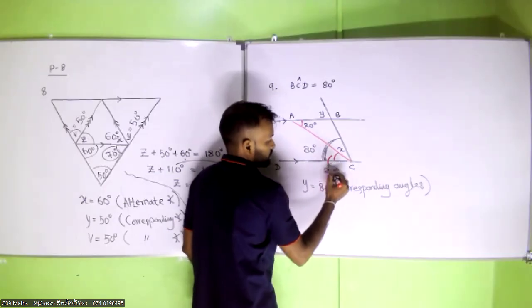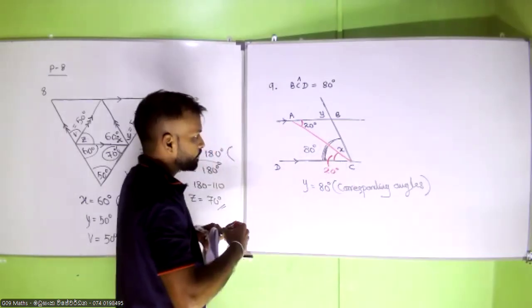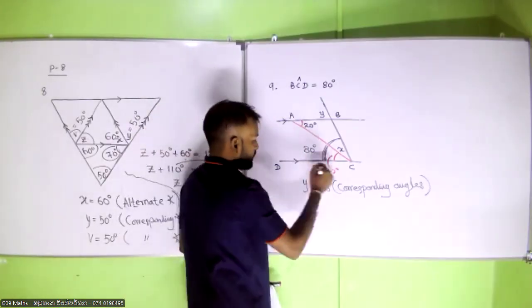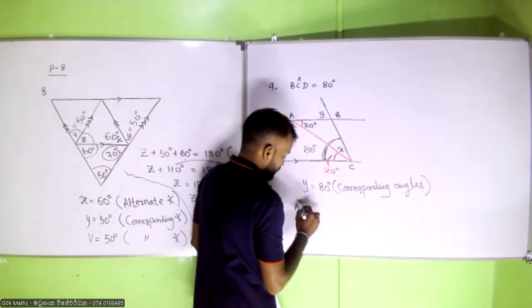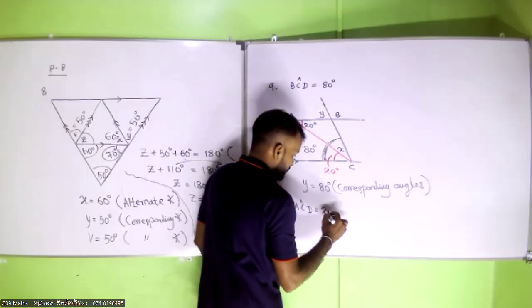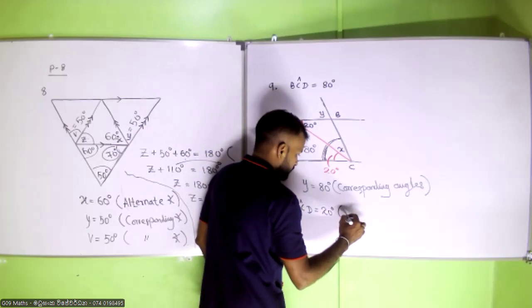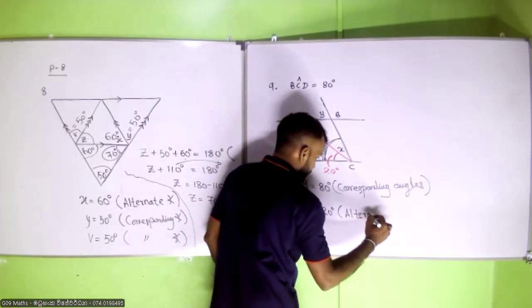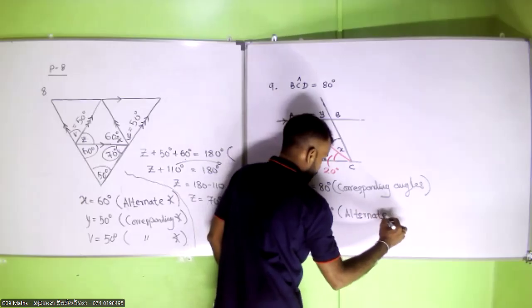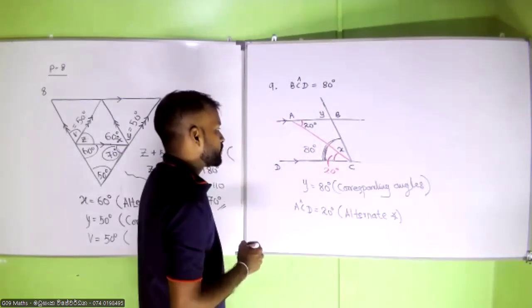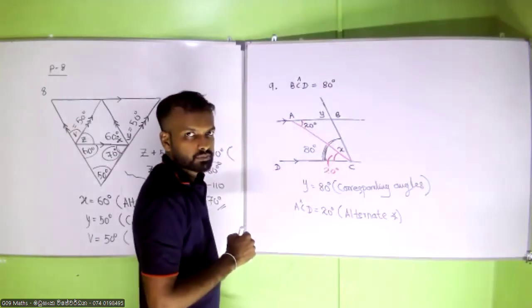The small one, 20 degrees. So you can write angle ACD is equal to 20 degrees. What is the reason? Alternate angles, that means Z type of angle, so that you can find X.